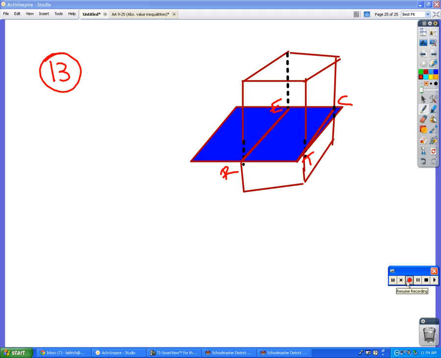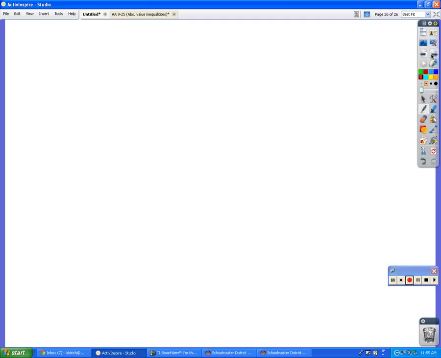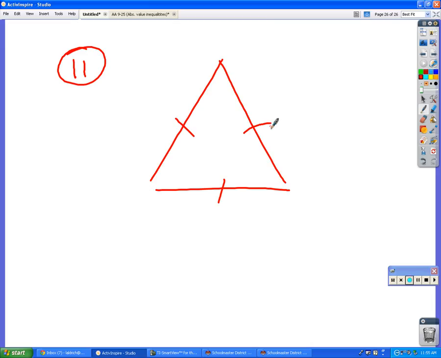Then what did we do for sketches? 11 through 14? Or just through 13? Oh, okay, good. All right, so number 11 says an equilateral triangle. We'll start with that, and they want us to label it EQL.